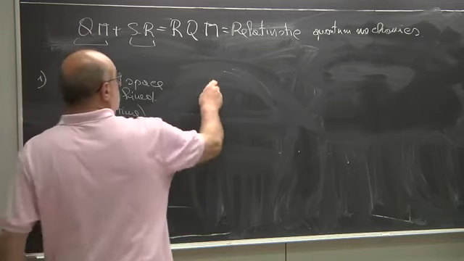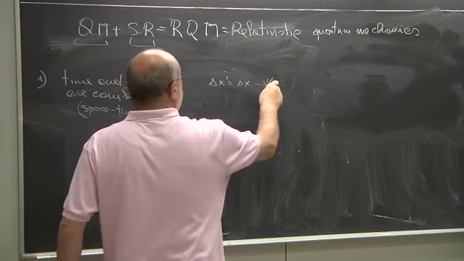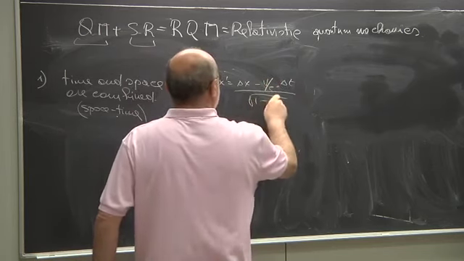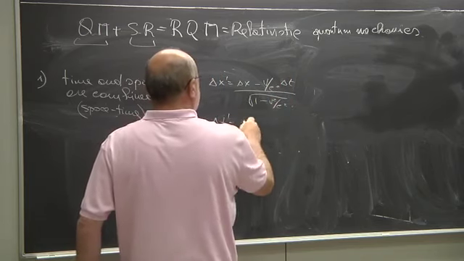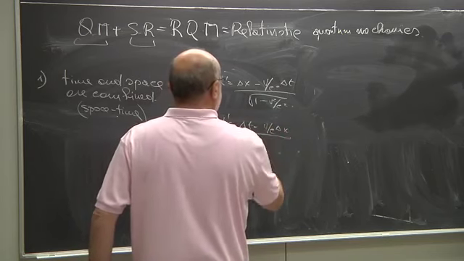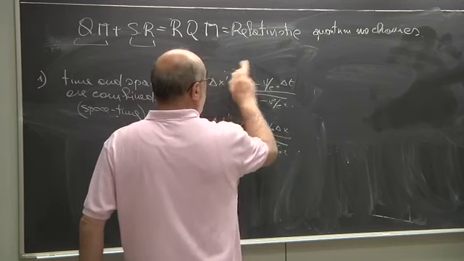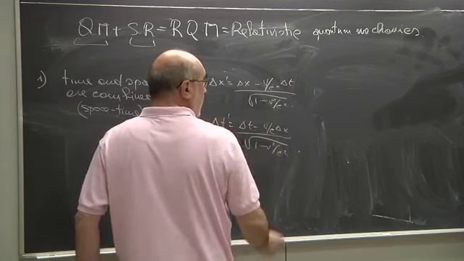You remember, delta x prime is delta x minus v over c squared delta t, times 1 over the square root of 1 minus v squared over c squared, and delta t prime is delta t minus v over c squared delta x. Maybe I did something wrong, but just to say, delta x pulls in delta t, and delta t pulls in delta x.